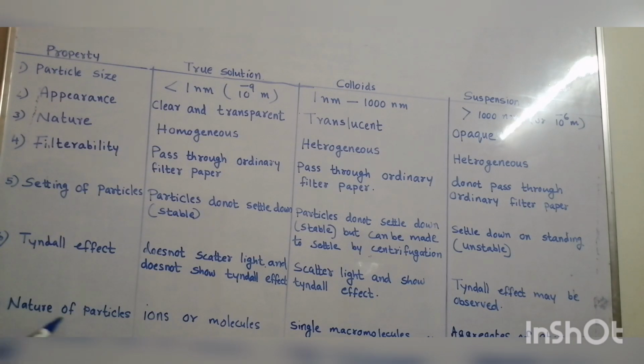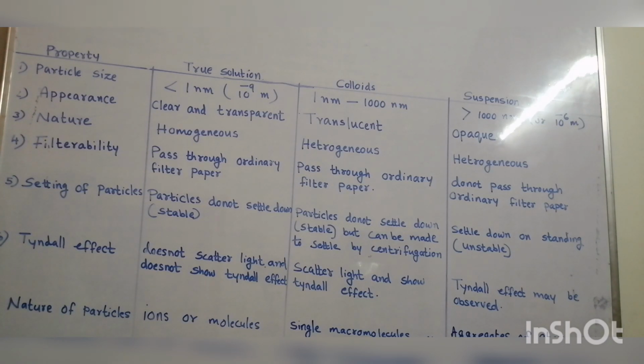Then nature of particles. Ions or molecules are present in a true solution. In a colloid, a single macromolecule or an aggregate of many atoms, ions or molecules. Single macromolecules are observed in proteins and in some polymers.